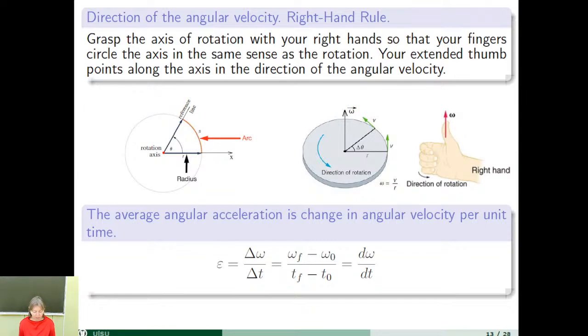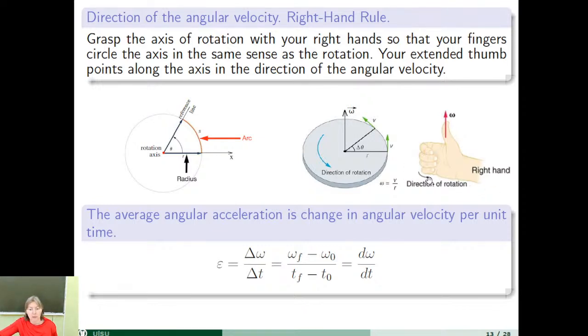Consider the angular velocity. We can represent angular velocity as a vector pointing along the axis of rotation. Look here. How do we determine the direction of angular velocity?